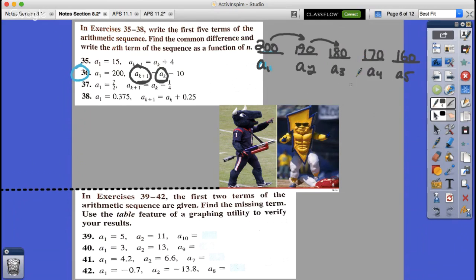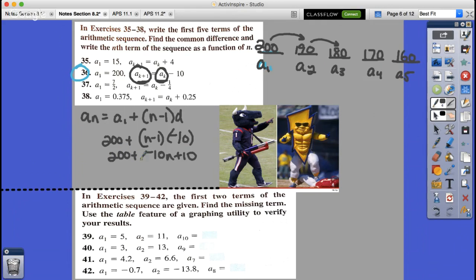Okay? Now, once we get these 5 terms, the question becomes, what is the actual equation? Well, we remember the equation again. And again, I don't mean to insult y'all, I know y'all know this. But the difference would be negative 10 times n minus 1. A sub 1 would be 200. We'll distribute: negative 10n plus 10.